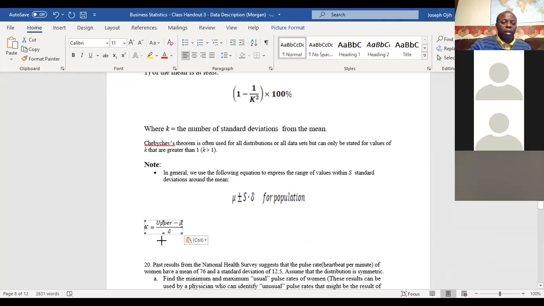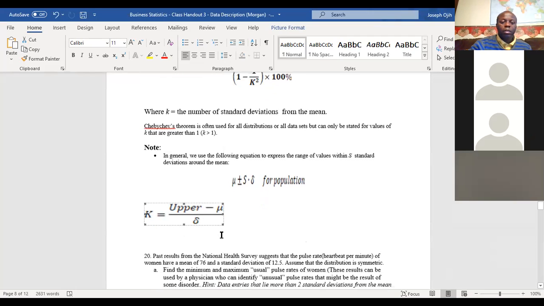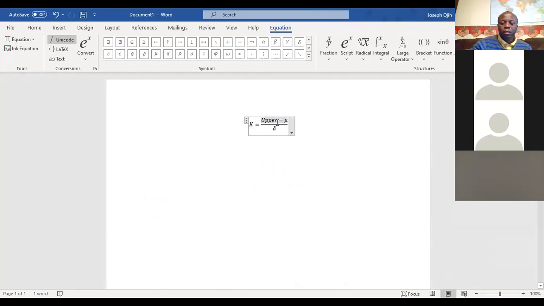So, lower end, and put lower here, minus the mean, divided by the standard deviation.